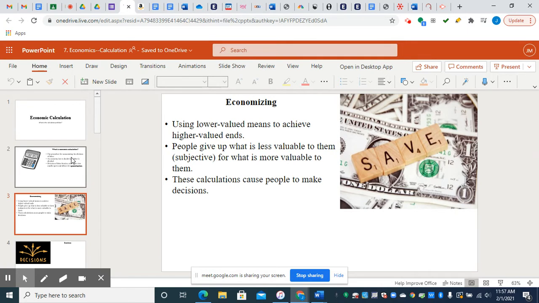But this is the process, okay? It's this line where, which is using lower valued means to achieve higher valued ends. It's actually real simple.